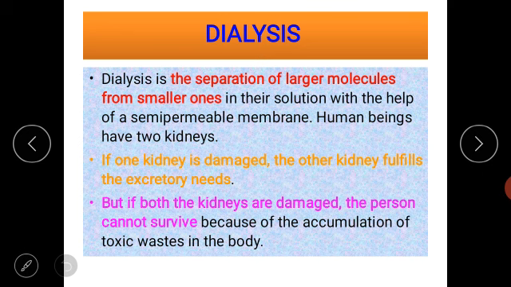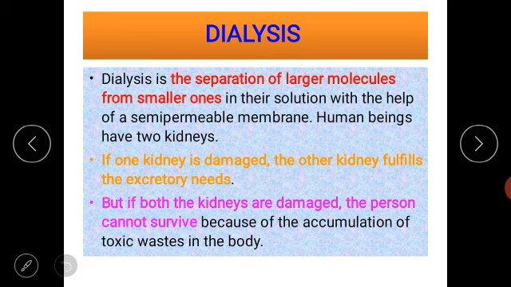Our blood vessels are connected with that machine, and when blood is purified by the dialysis machine, it pumps the blood back into the body.